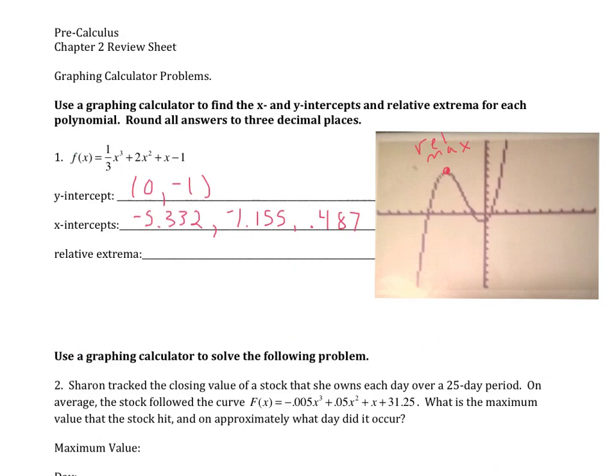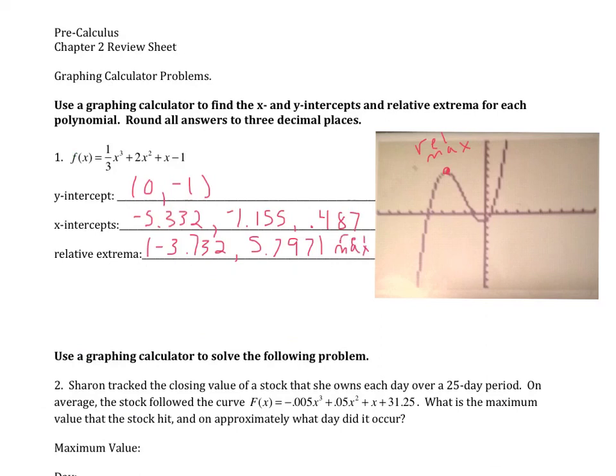And we just need to make sure our spider is to the left of where the maximum is, and then to the right. And we should get a max at -3.732, comma 5.797. So that guy is our max, relative max.